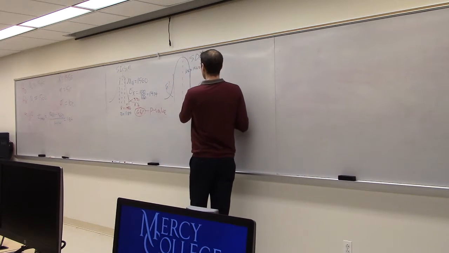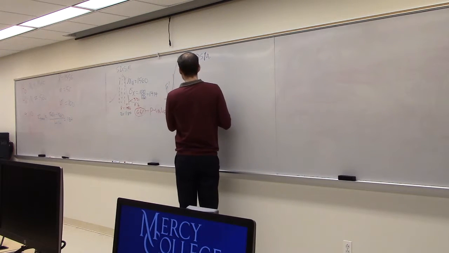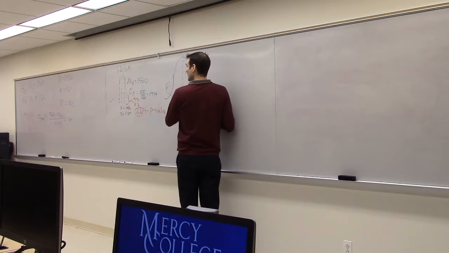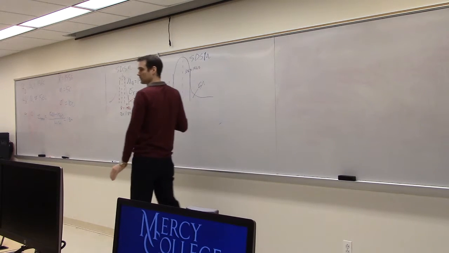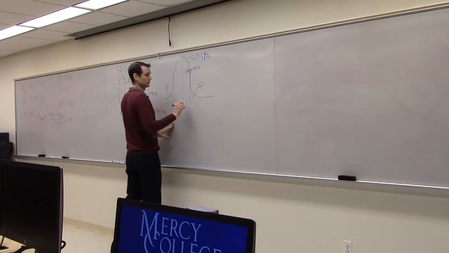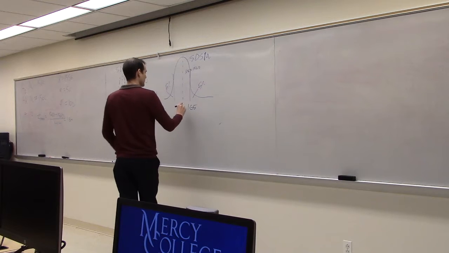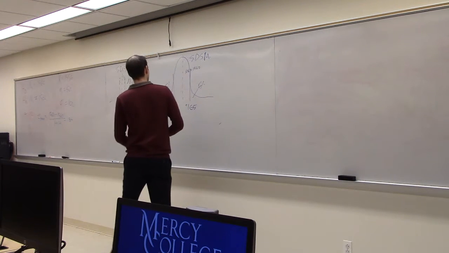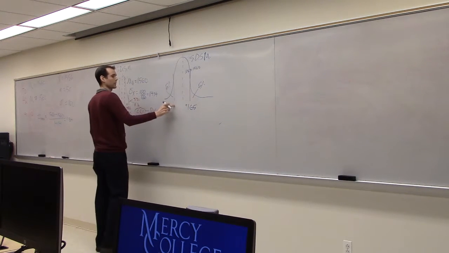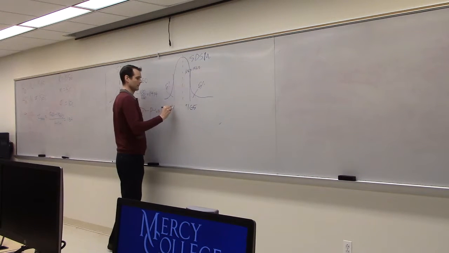What I want now is the z-value that separates the upper 5% from the bottom 95%. So 1.65. Yeah, that sounds right. And what's the z-value that separates the bottom 5% from the upper 95%? Negative 1.65.